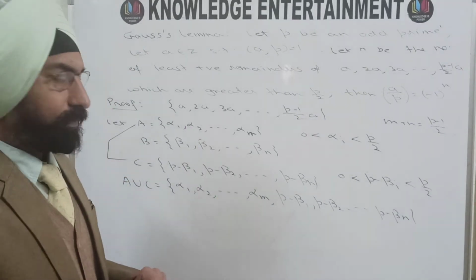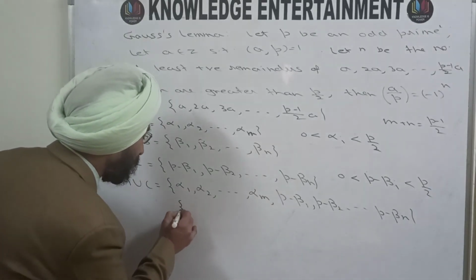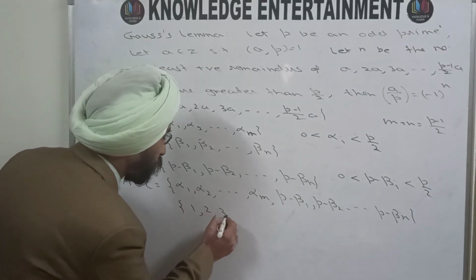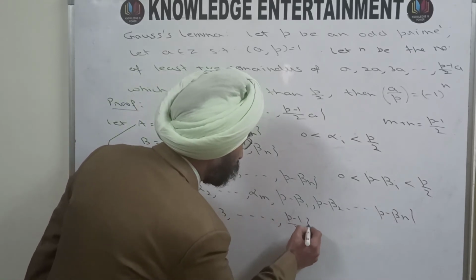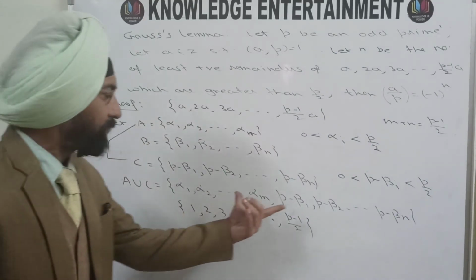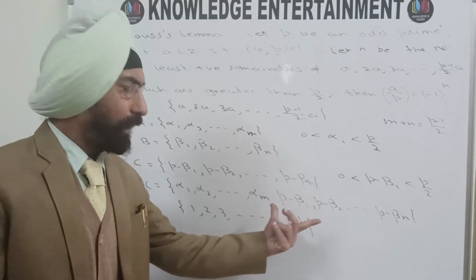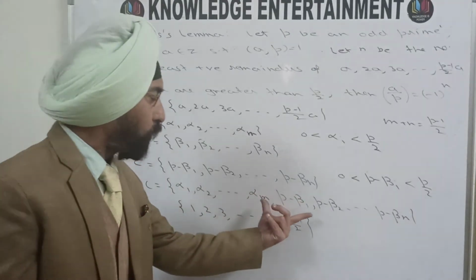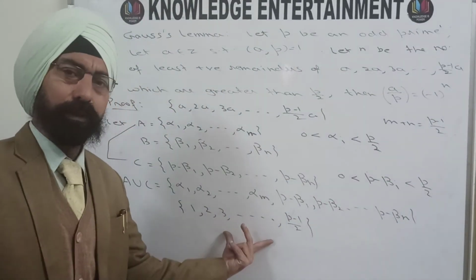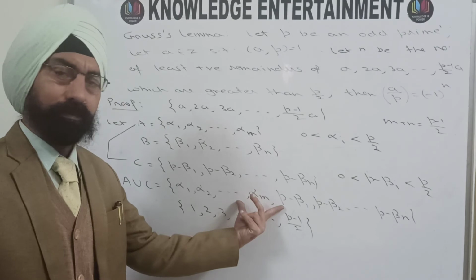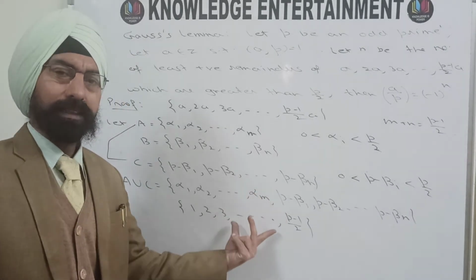Note that these remainders are nothing but actually 1, 2, 3 and so on up to p minus 1 by 2. You have divided p minus 1 by 2 numbers by p and you have obtained the remainders. How many remainders have you obtained? P minus 1 by 2. How many numbers are here? P minus 1 by 2. No two are the same. Then that means these two sets are the same.